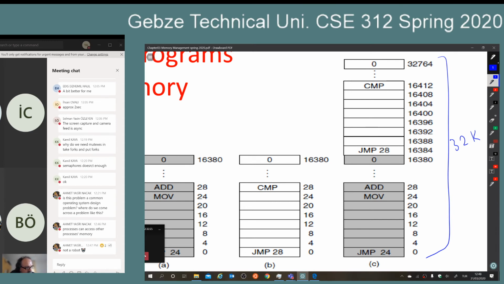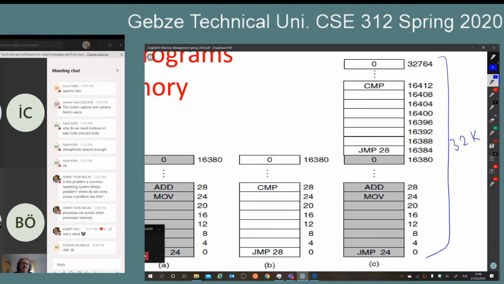So what is more important? There is a very serious problem there. If you look at this picture, look at the instructions. Yes, Furkan, exactly. Jump 28.